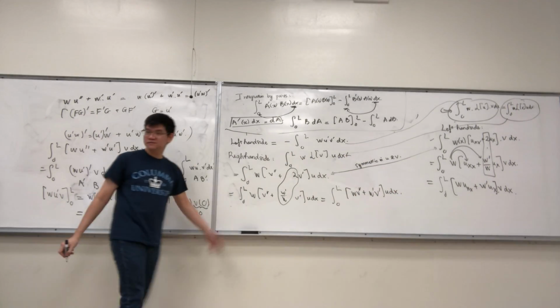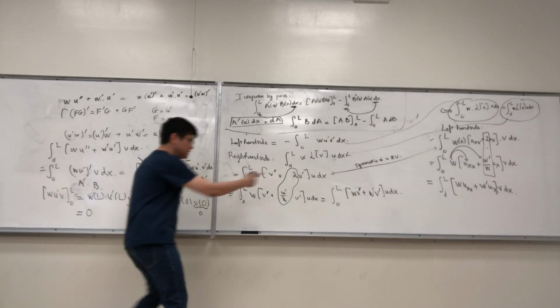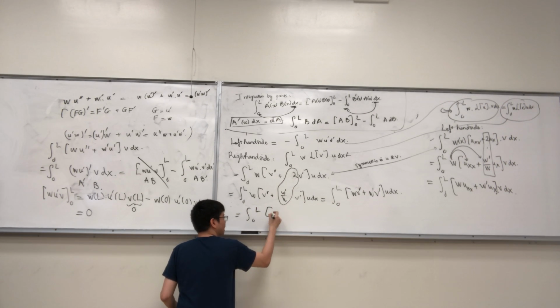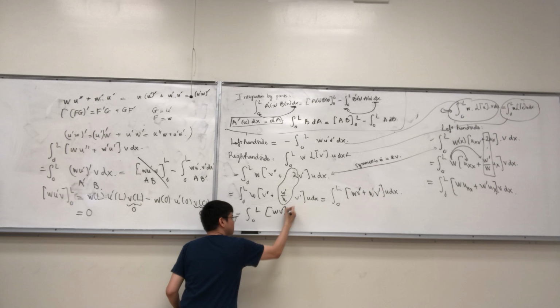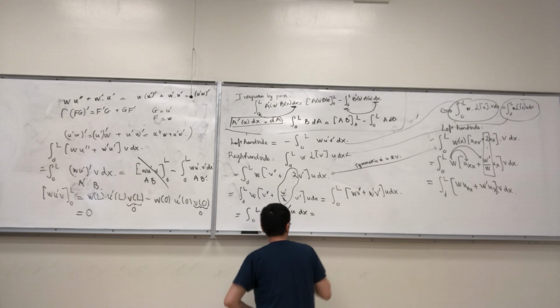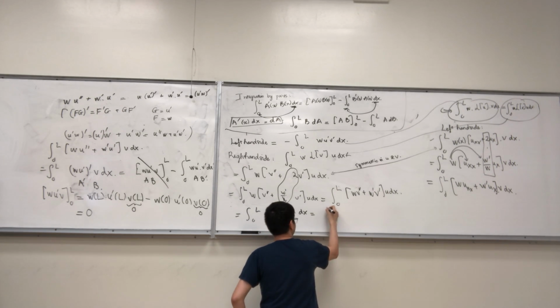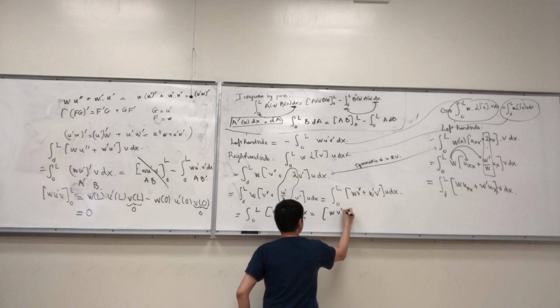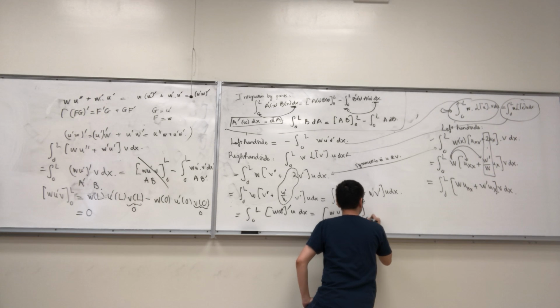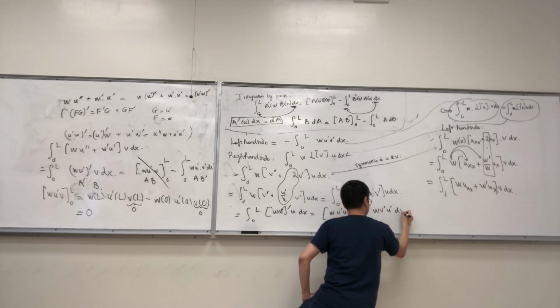This is the same argument, and by exactly the same idea this gives me W V prime prime U dx, and by integration by parts you have W V prime U difference from 0 to L minus integral from 0 to L, W V prime U prime dx.